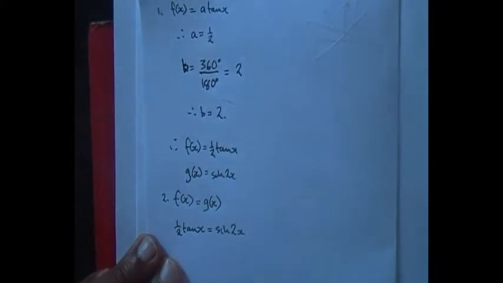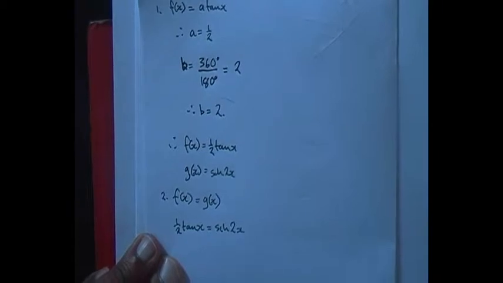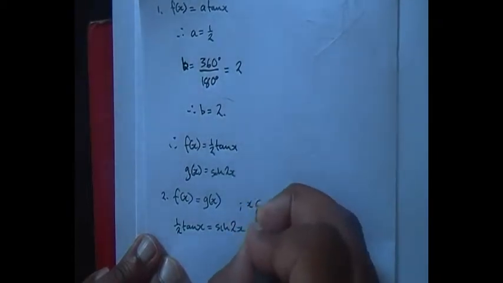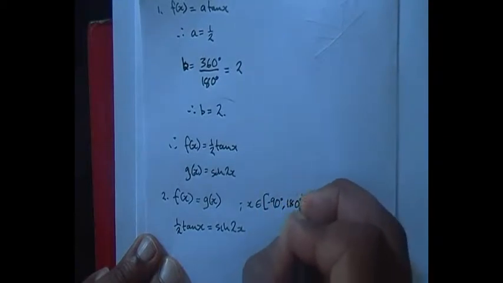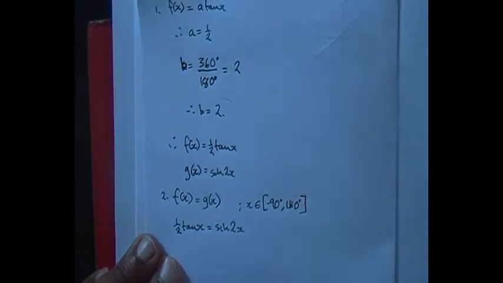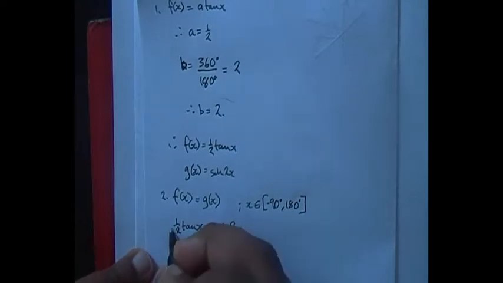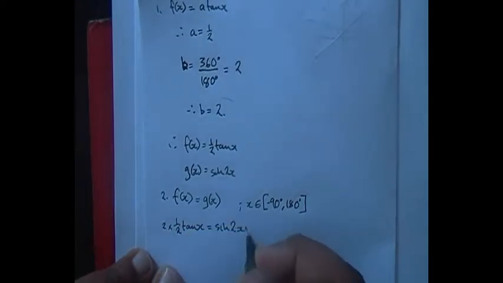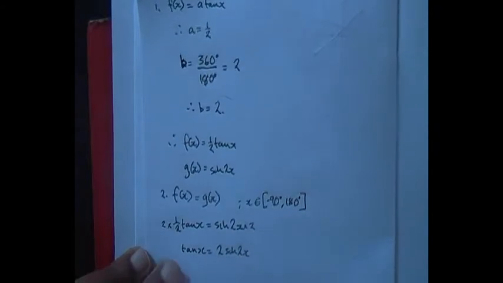Remember in the last video we were learning how to solve trigonometric equations. I hope you went through the exercises. So we're going to solve this equation for x between negative 90 and positive 180, because that's what we have on our graph. First, I can multiply both sides by 2 and have tan x equal to 2 sine 2x.